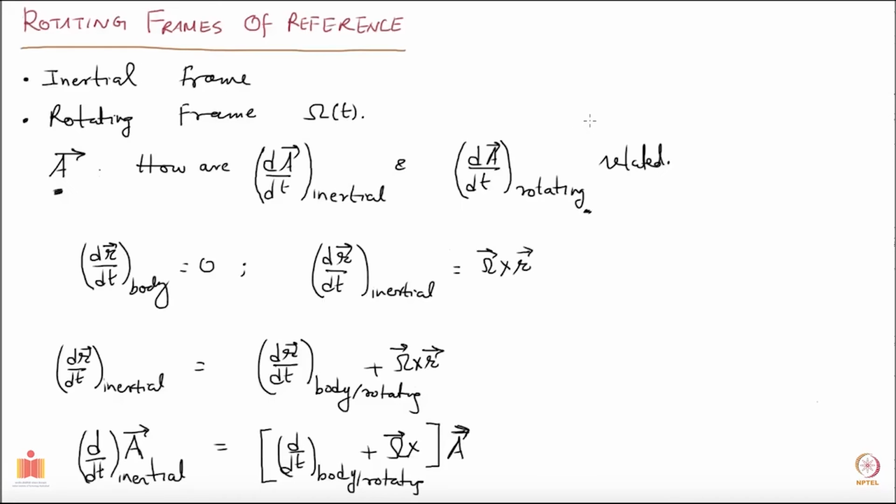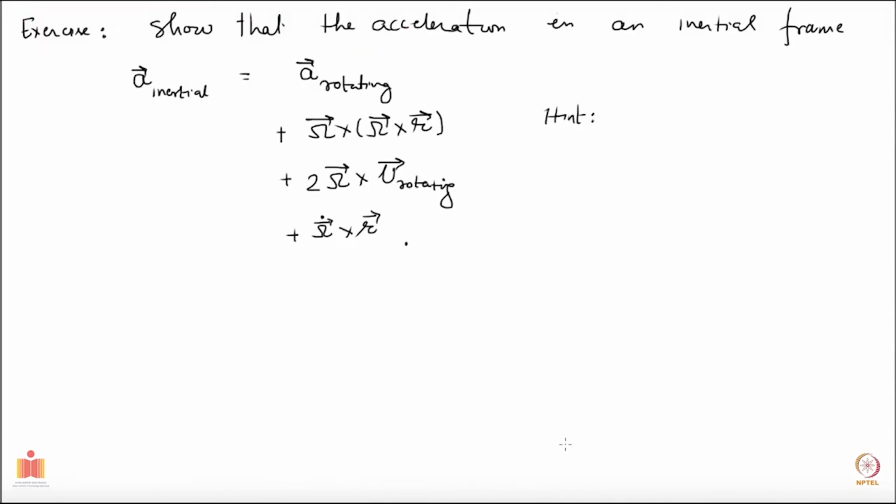Go back to this relation which you have derived. Let me call it relation number 1. Use this twice. Take the vector a to be the vector r, so it will connect your velocities in the two frames, and then you put the v inertial here, and then you will get the acceleration in the inertial frame, and on the right hand side you'll get all these terms. So please do this simple exercise. The hint was use relation 1 twice.